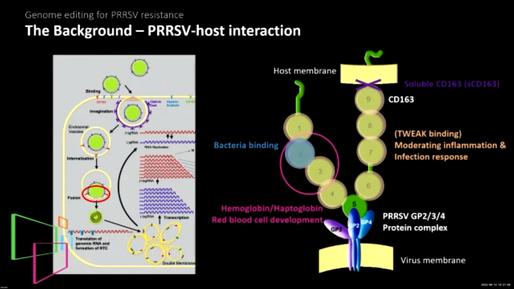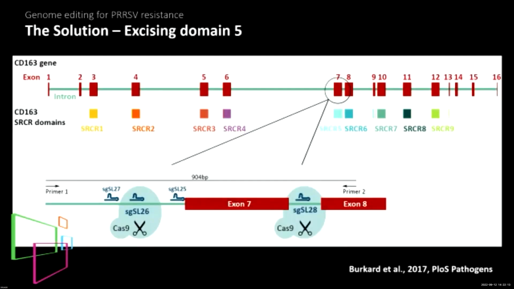But we know that there's an evolutionary duplication of a CD163-like protein that has 12 domains. So somewhat there is a little bit of wiggle room in evolution here. So we can just try and remove domain number 5. Ideally for us, the genetic locus of CD163 domain 5 was perfect because it's a single exon that encodes it, and removing that exon keeps the whole gene in frame.